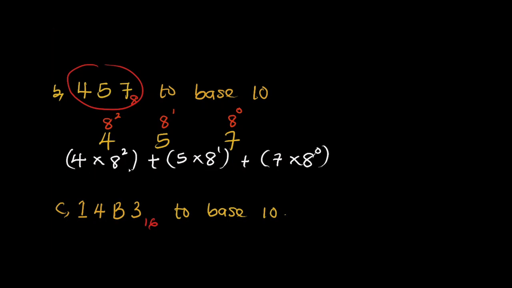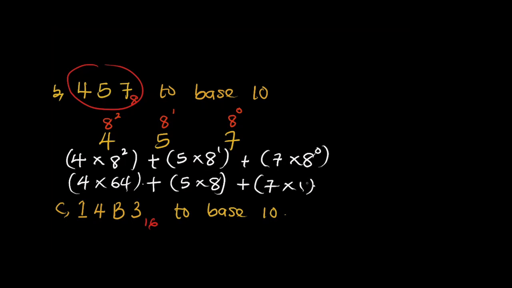Once you expand this, if you use your calculator, this is 8 squared, which is 8 in 2 places. 8 times 8 is 64. 4 times 64, put it in brackets, plus 5 times 8 in brackets, plus 7 times 1.